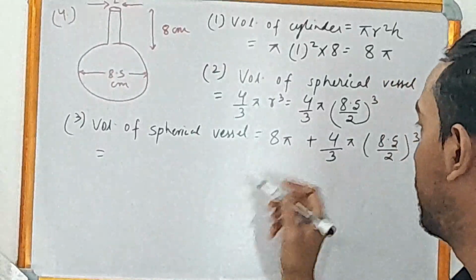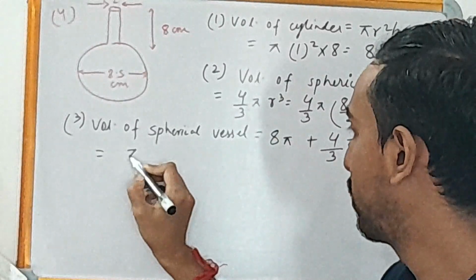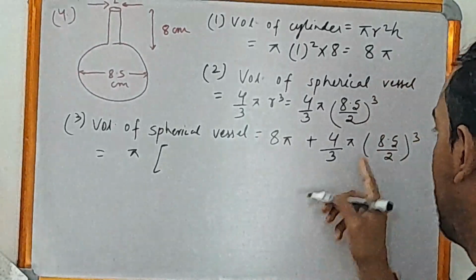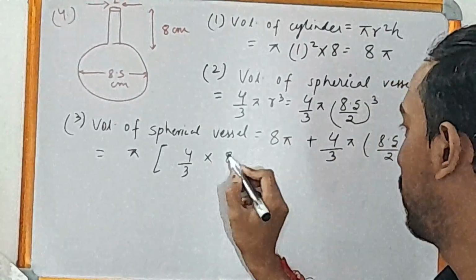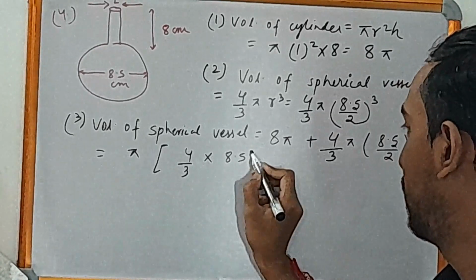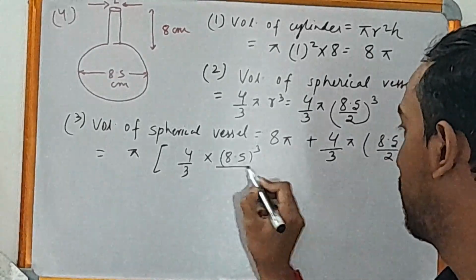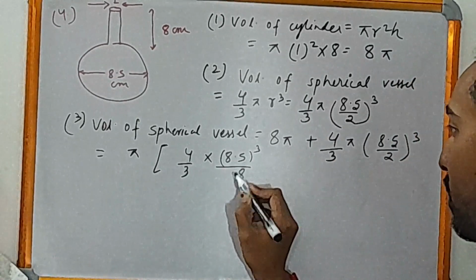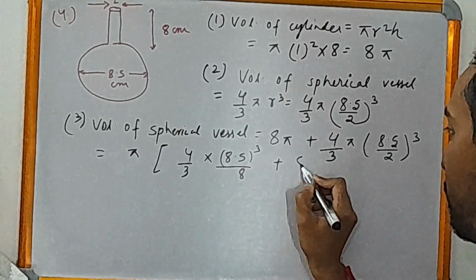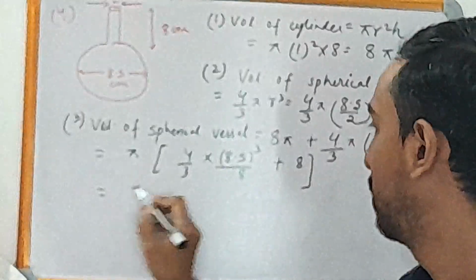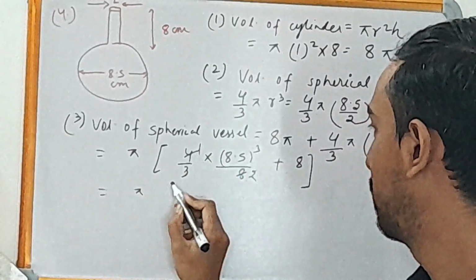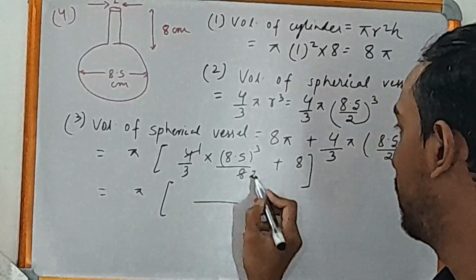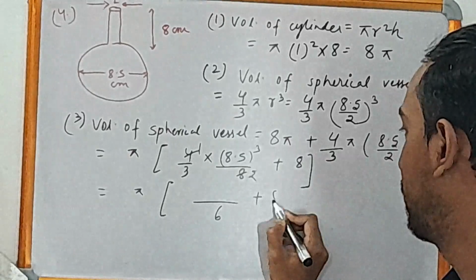From this we can see that we can take pi common. There will be 4 by 3 times 8.5 whole cube by 8, plus 8. See that the 2 gets cancelled easily. There it will be 6, plus 8.